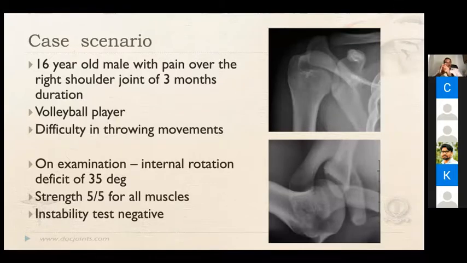For rotator cuff pathology, what are the 3 X-rays you would suggest? The true AP, axillary, and what is the view you would advise for looking at the acromion?